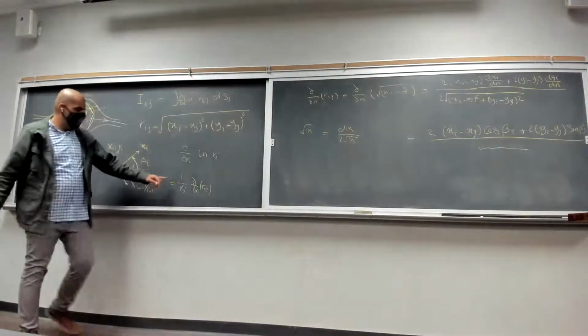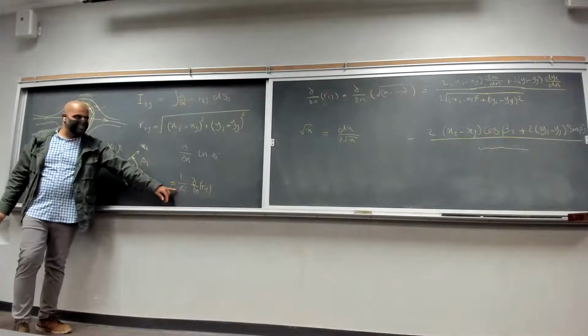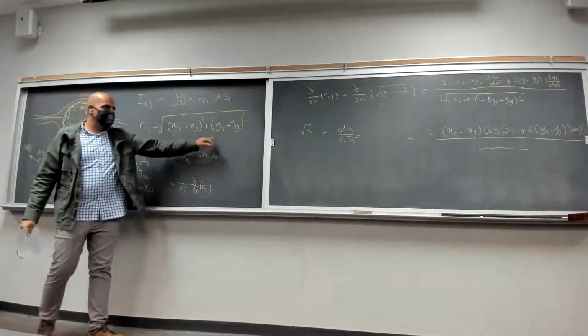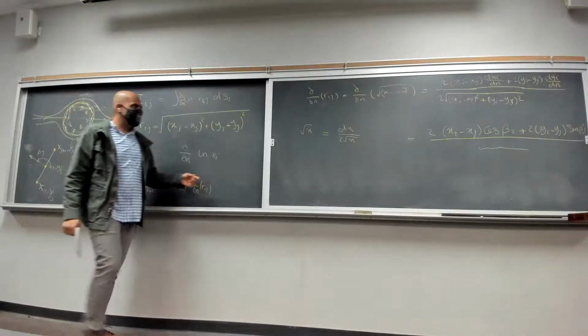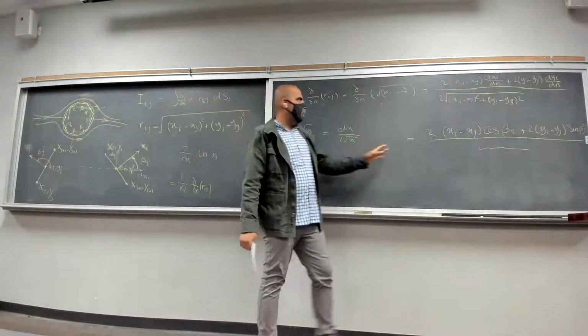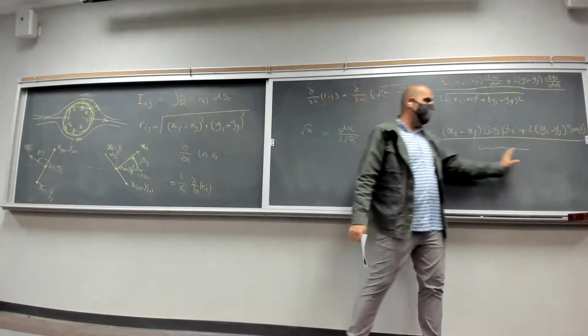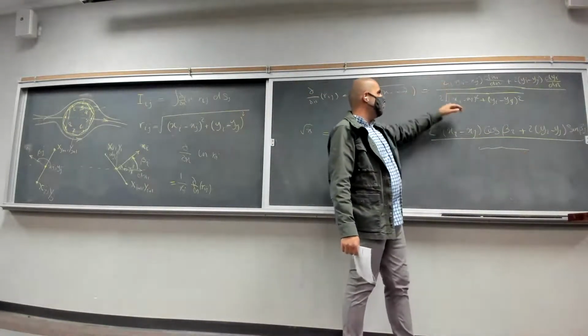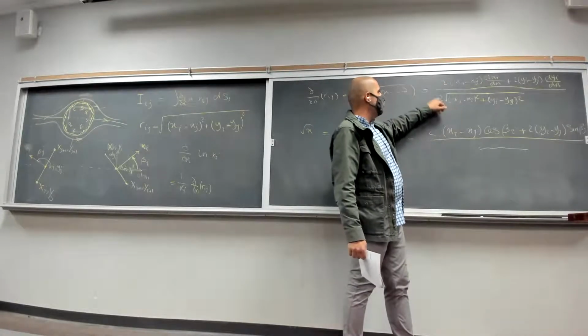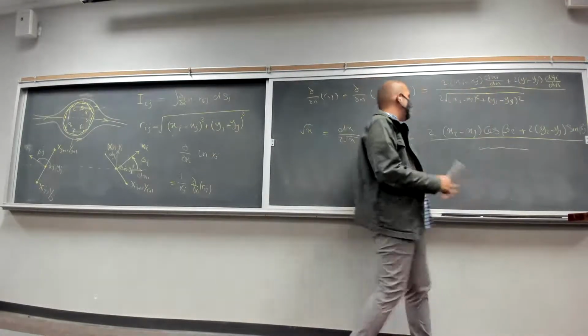And here we have 1 over Rij. Rij is this. So this is going to be 1 over Rij multiplied by this whole thing. On the denominator, these 2's will cancel out.